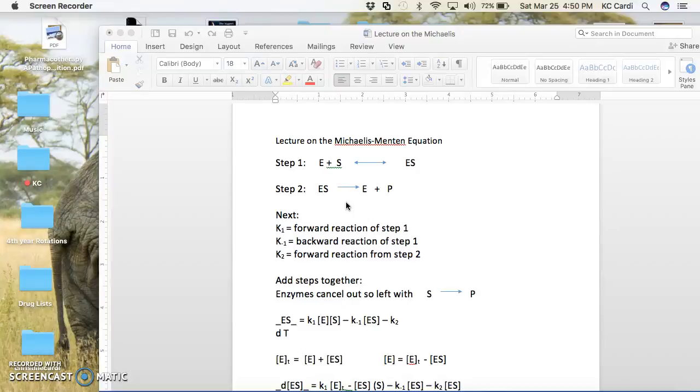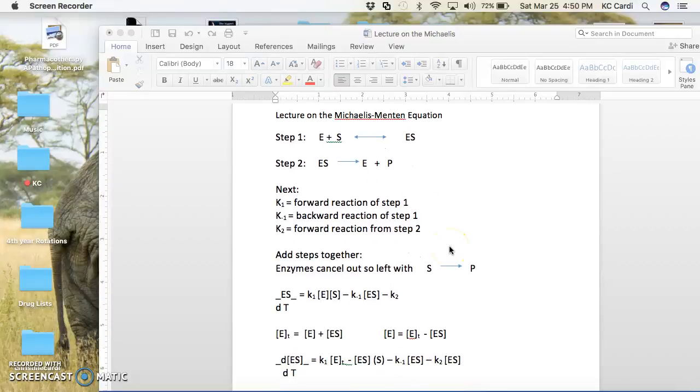So we want to check for validation of the reaction. When we add these two equations together, the enzymes cancel out, and it leaves just the substrate and the product.